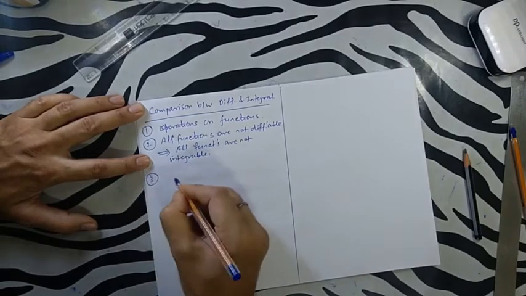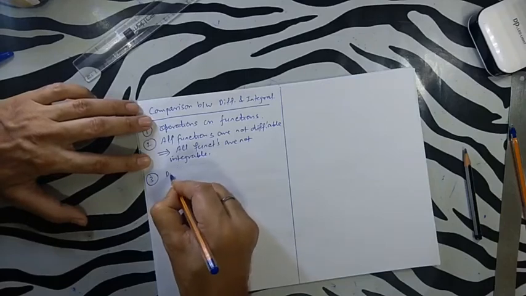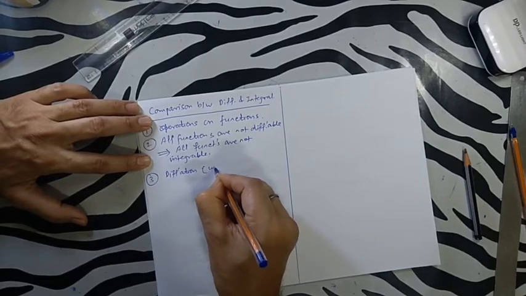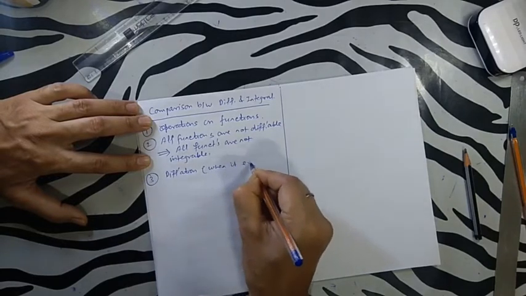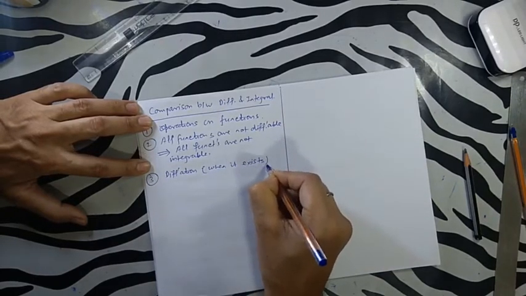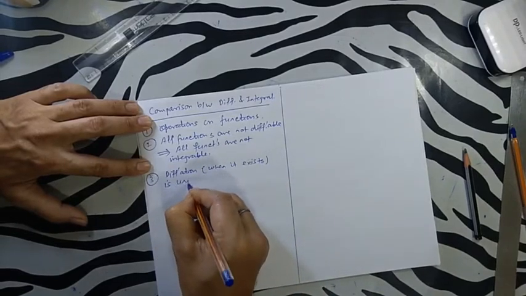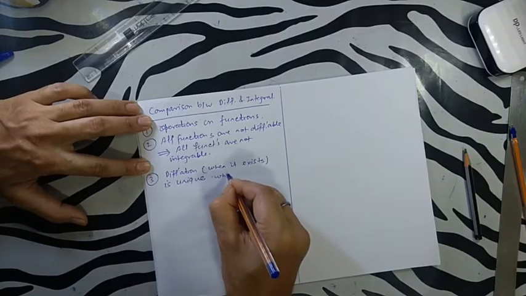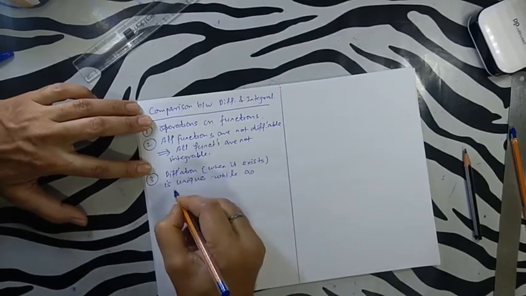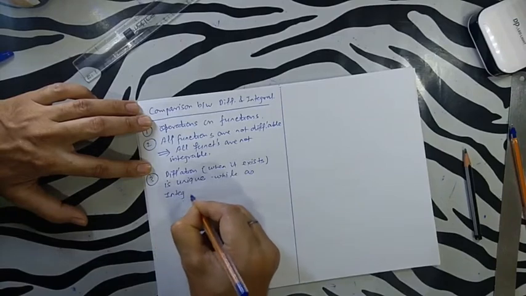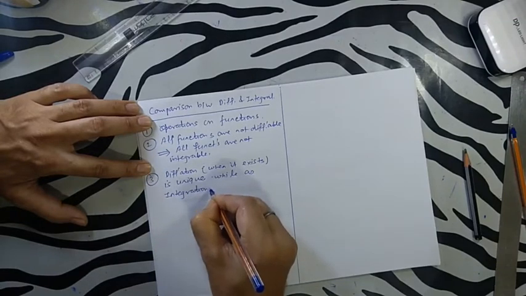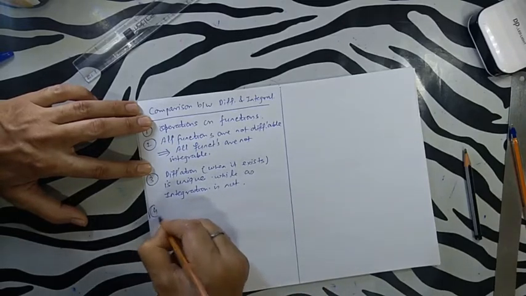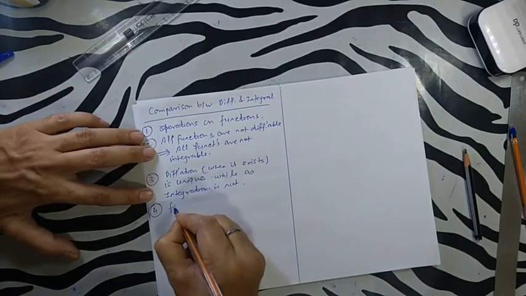Now the third one is, differentiation, when it exists, is unique, whereas integration is not.